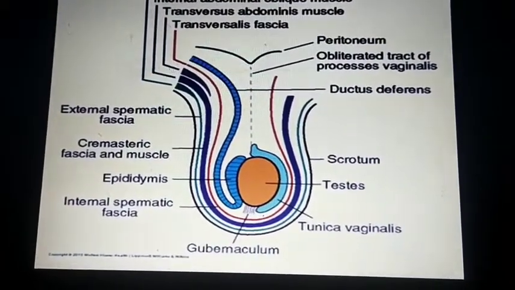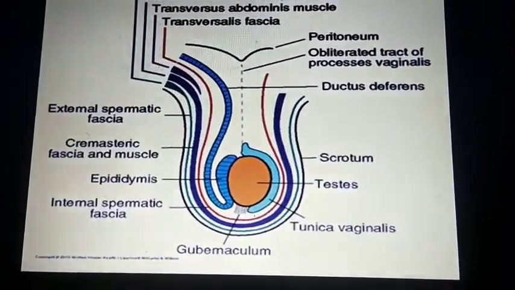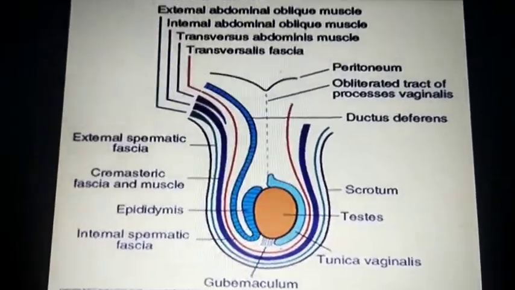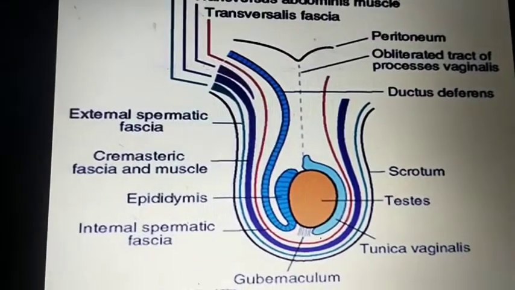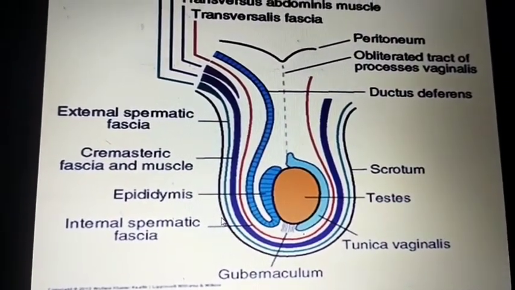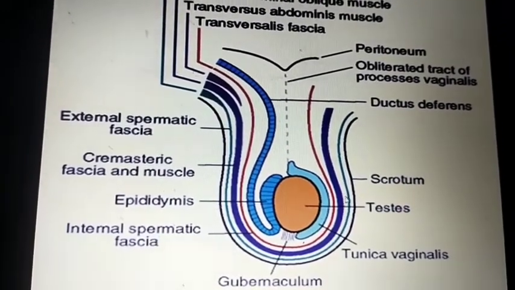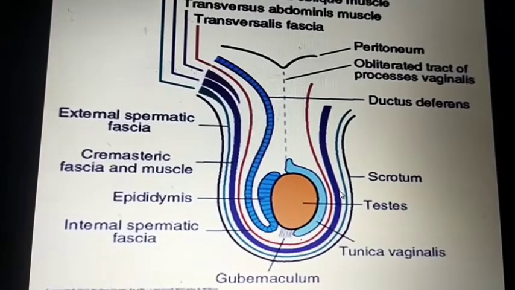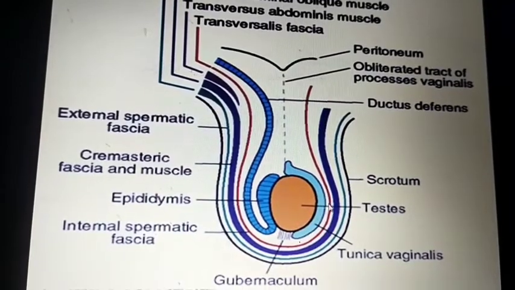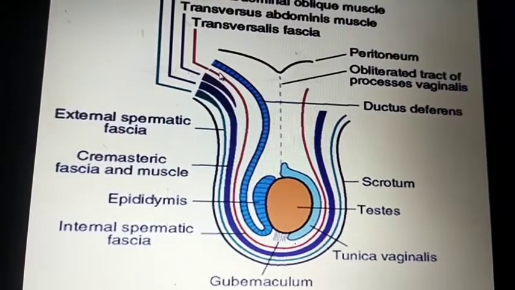Because of that, it also forms some layers of the scrotum, because of the descent of the testis. You can see here in this picture easily: this is the skin, the outside layer, then dartos muscle, then external spermatic fascia, cremaster muscle, then internal spermatic fascia.